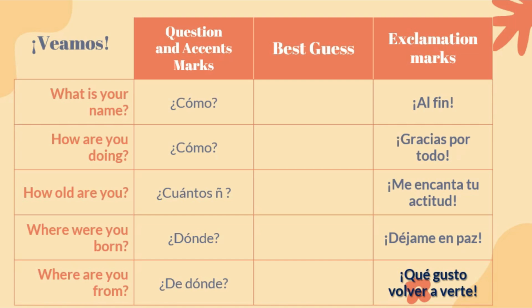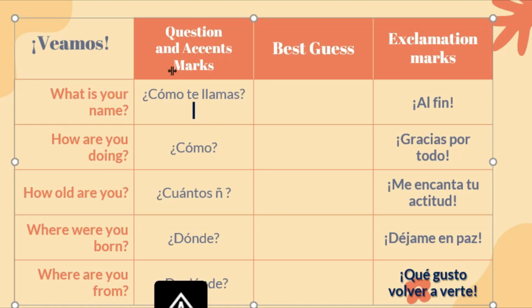Let's see. Question and accent mark. So we have cómo, cuántos, dónde. Give me your best guess for what is your name. ¿Cuál es tu nombre? ¿Cómo te llamas? But we also can say, ¿cuál es tu nombre?